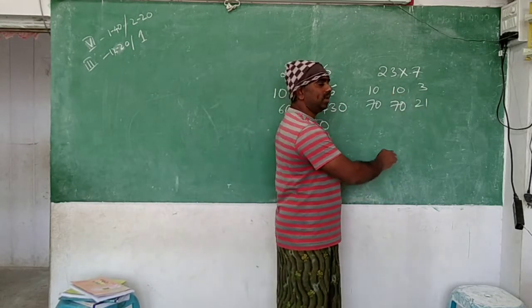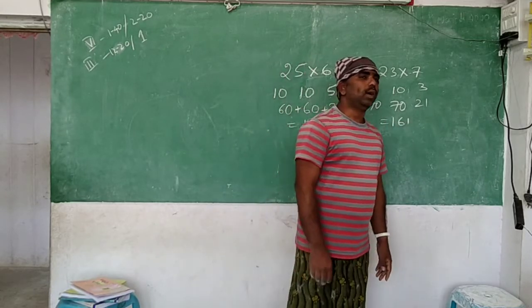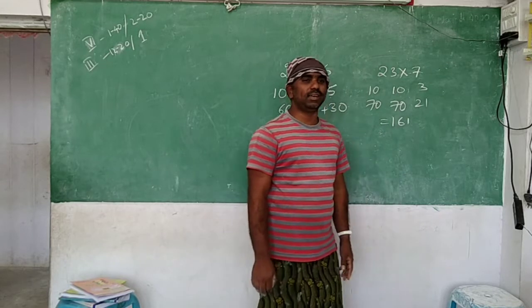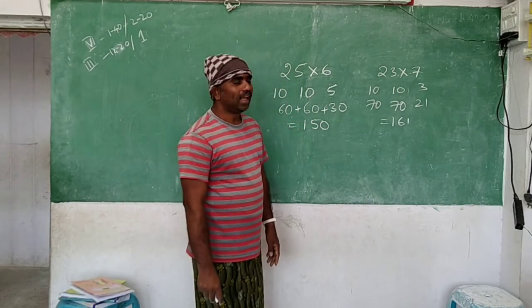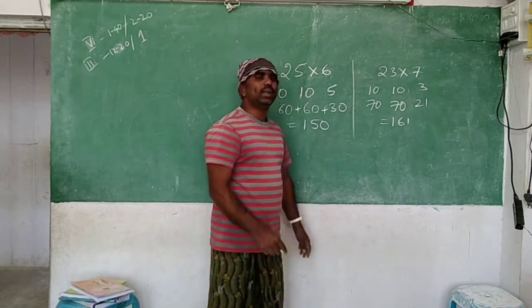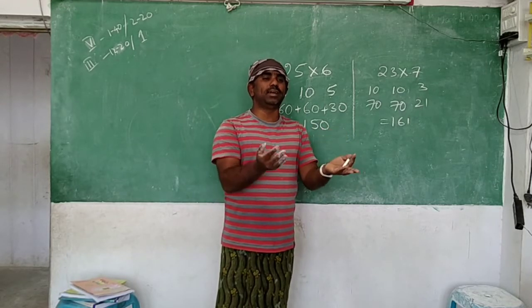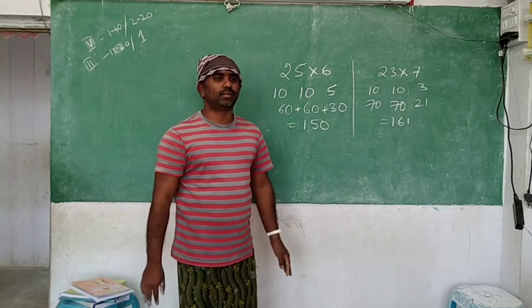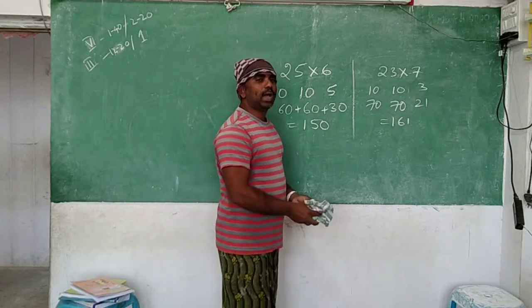So totally the answer will be 161. Okay, do you understand? So this is the method I am going to follow to do the multiplications. When the multiplication involves bigger numbers, I will follow this method. Okay, now I am showing some problems to you.